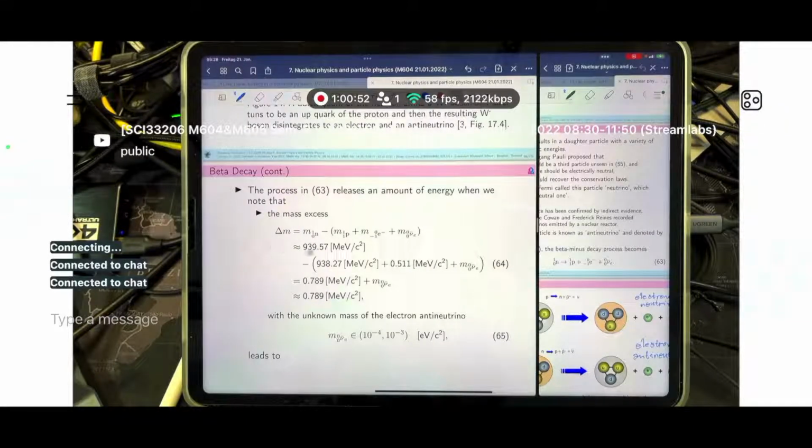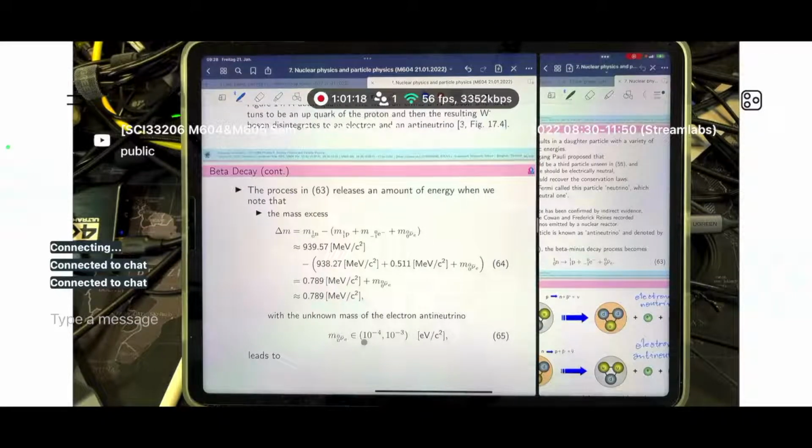You could see the neutron or proton mass is almost 2,000 times greater than the electron mass, but the neutrino mass is a million times less than the electron mass, and it's not 1 eV.